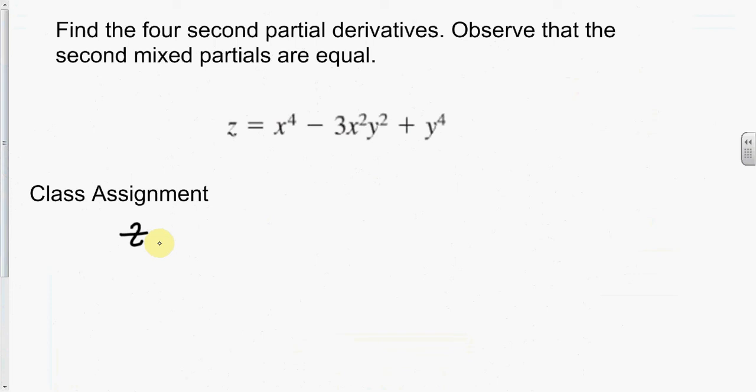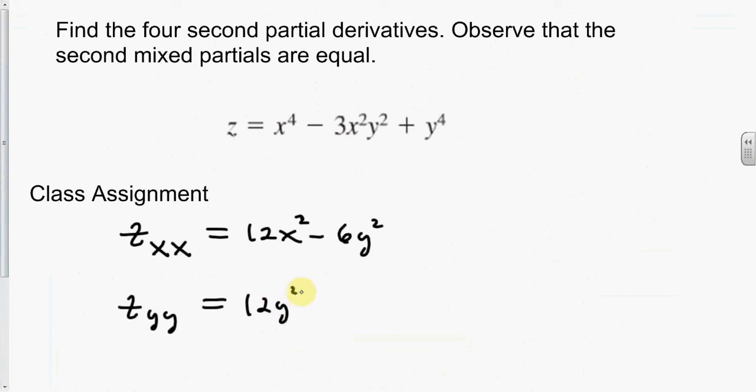So the second partial of z with respect to x... Does everybody get that for that second partial of z with respect to x? And then the second partial of z with respect to y. (12y squared).